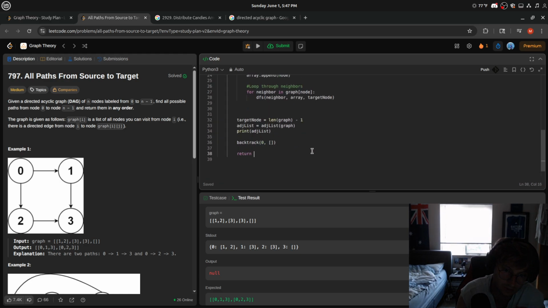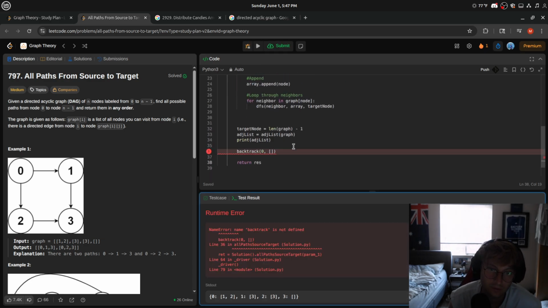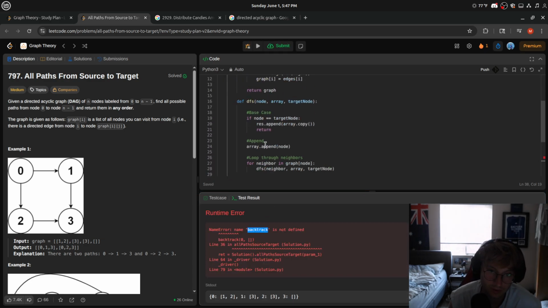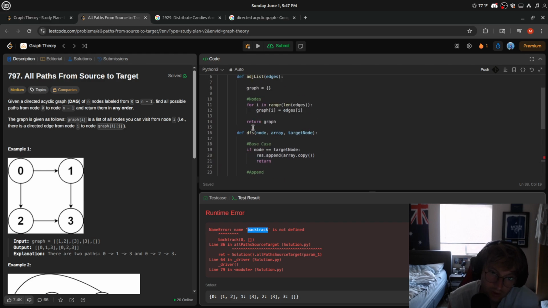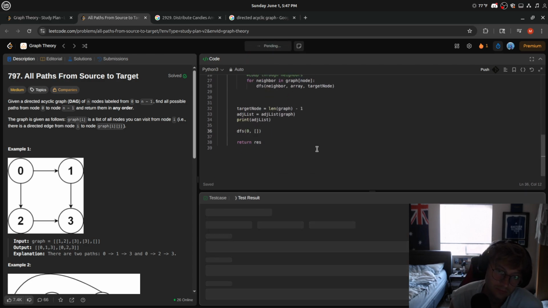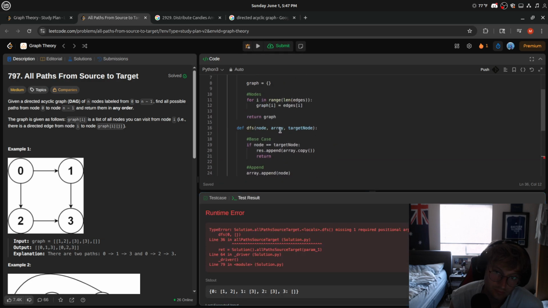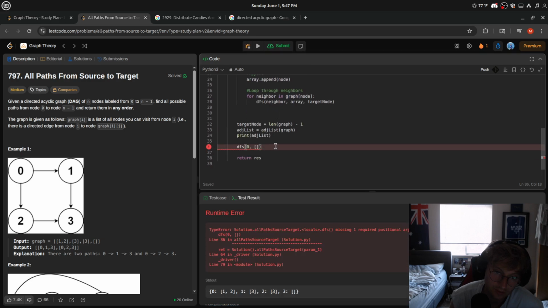Get that, and then we just return res. Backtrack is not defined. Okay, let's just call it DFS. Why not? Array, target node is target node.